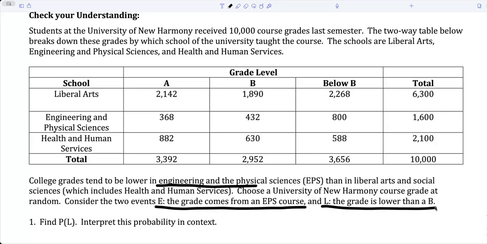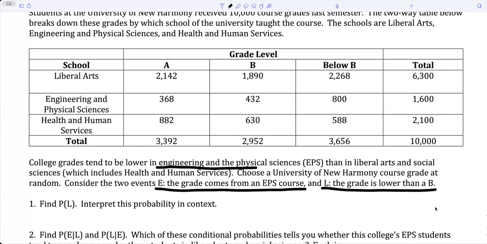Okay, so event L is defined, the grade is lower than a B. So how many total grades lower than a B are there? It would be that number right there. So we've got 3,656 divided by the total number of grades, which is 10,000.